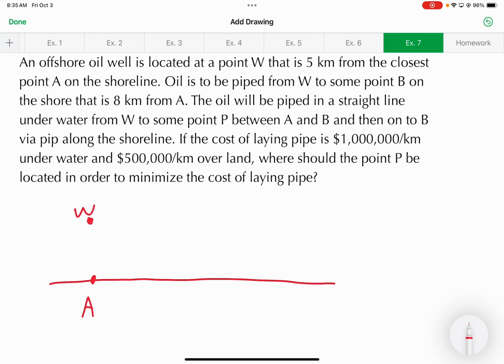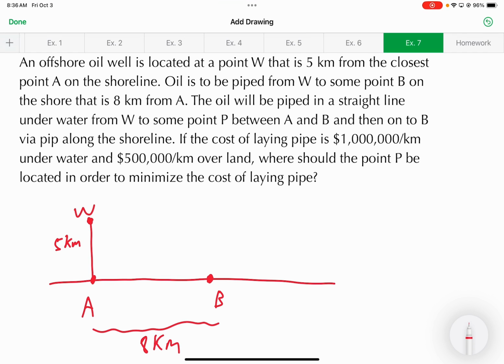Okay, 5 kilometers. Oil is to be piped from W to some point B on the shoreline that is 8 kilometers from A. So B is here. This is our final destination. It says 8 kilometers from A, so this is 8 kilometers.